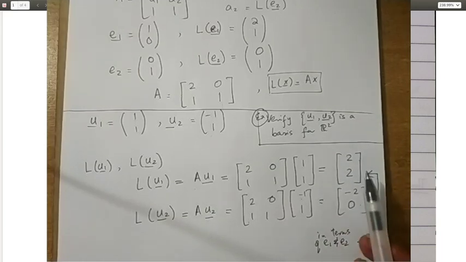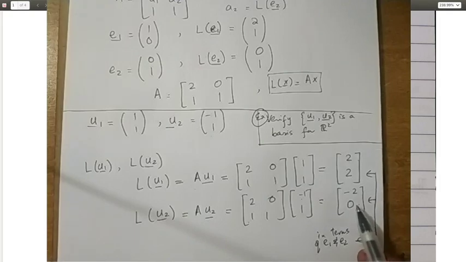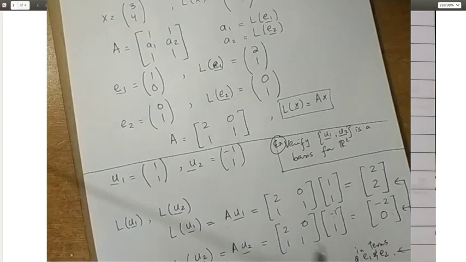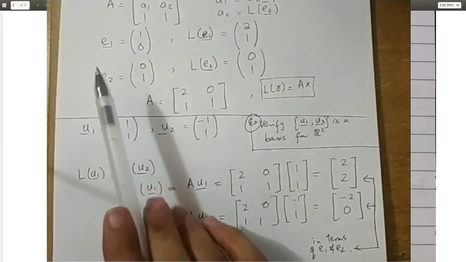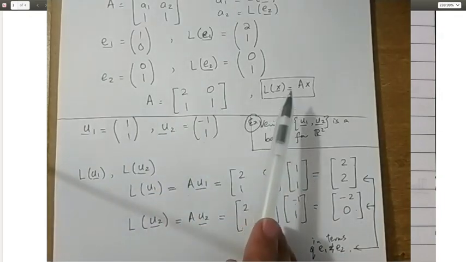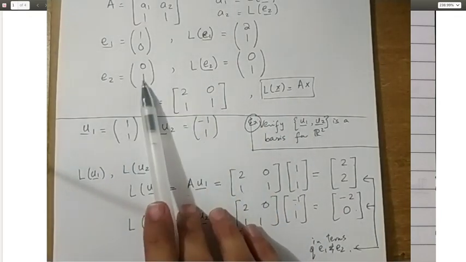What we need to find is their representation in terms of U1 and U2. Because the matrix of transformation that we were using was the one using the standard basis vectors, whatever result it gives you will also be in the standard basis vectors.